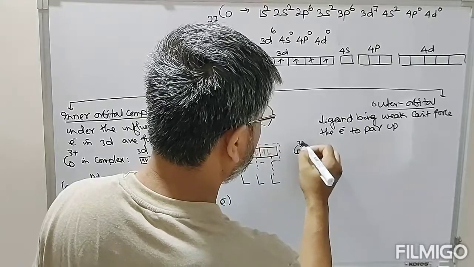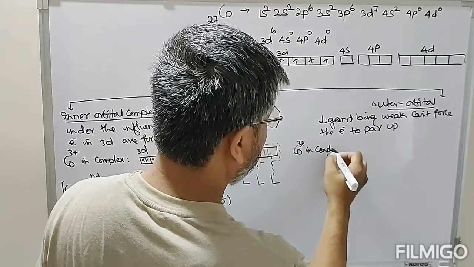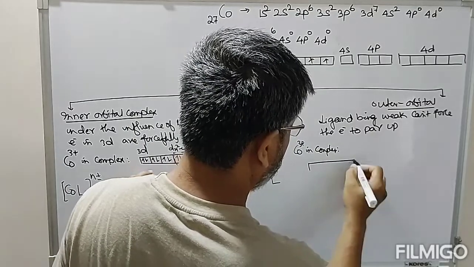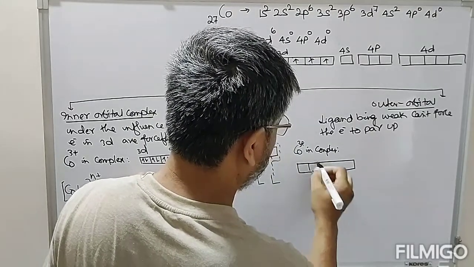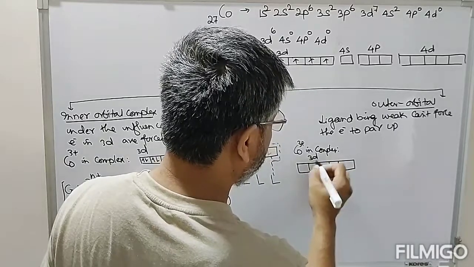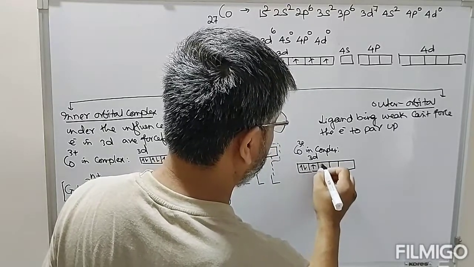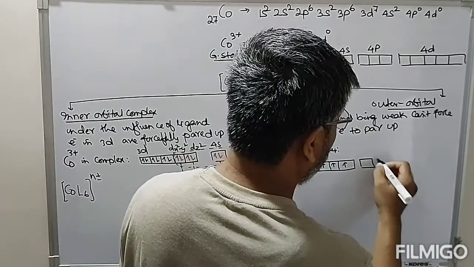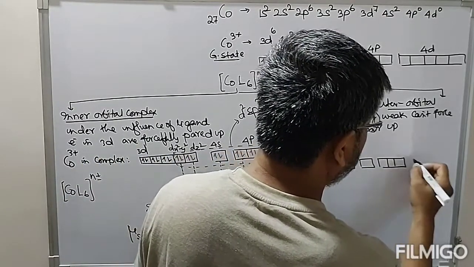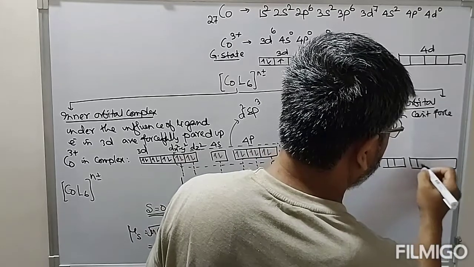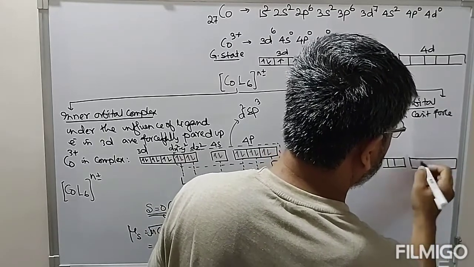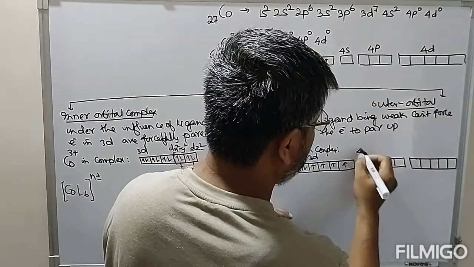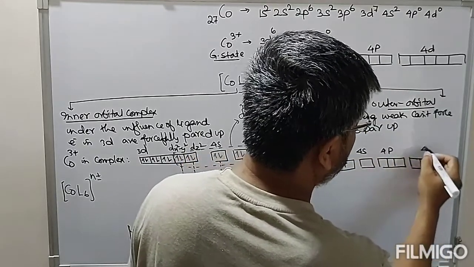This cobalt in the complex will have, this is 3d. So we have 6 electrons, then we have 4s, then we have 4p, then we have 4d. So this is 4s, 4p and 4d.